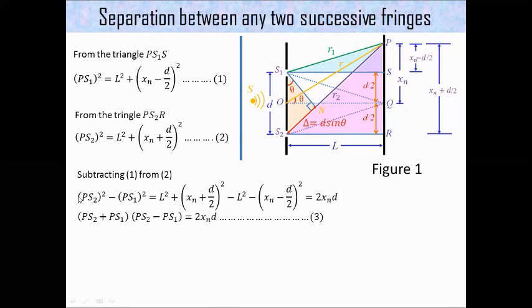One can write PS2 square minus PS1 square equal to PS2 plus PS1 times PS2 minus PS1, which will be equal to 2xn d. Say this is equation number 3.